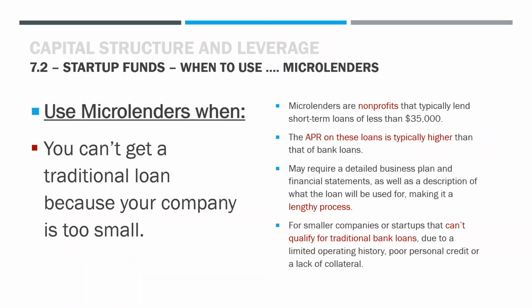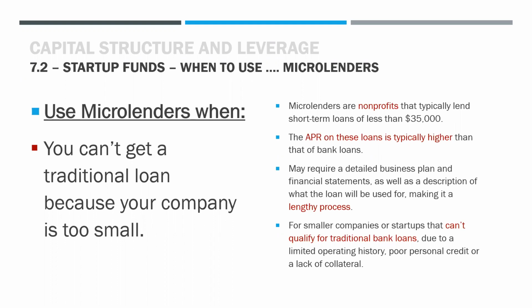So micro lenders, the nonprofits, when do you want to use a micro lender? If you've gone through the SBA, gone through a bank, and they say no, then you can turn to micro lenders. And yeah, APR is going to be a little bit higher, and you're not usually going to be able to borrow as much.